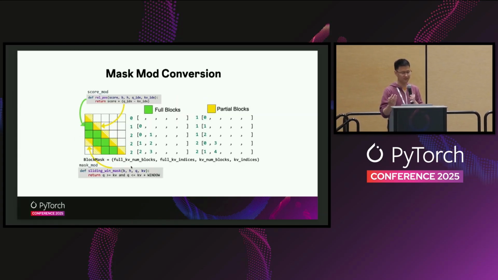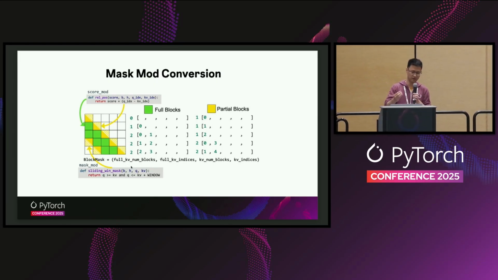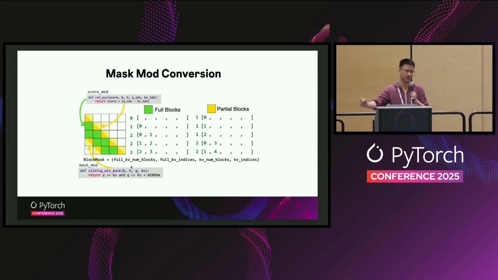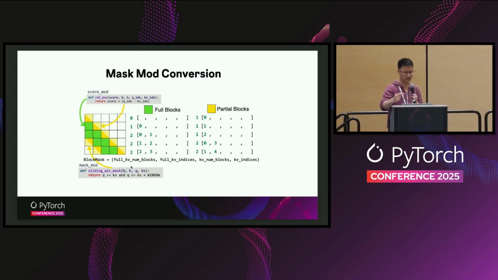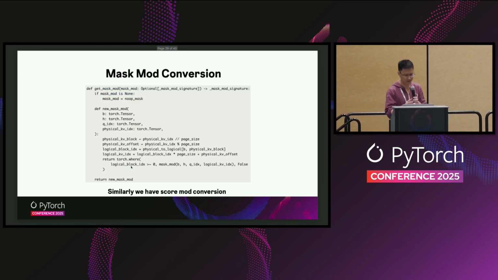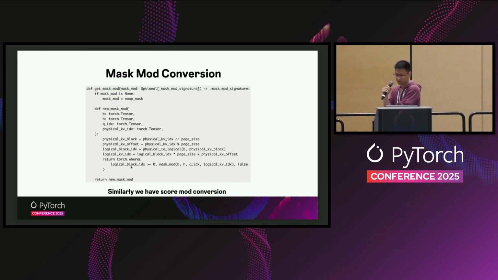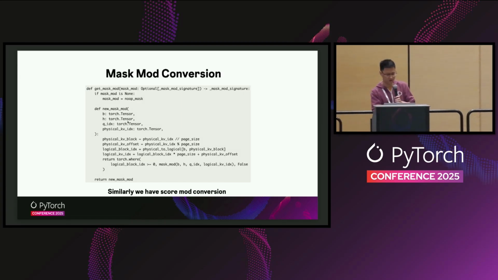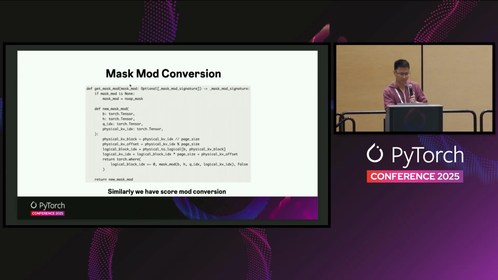Once we have that, we also need to convert the mask mode a little bit. People write mask mode on the logical KV cache, saying which logical KV cache index we can skip. So we just need to convert this logical mask mode into a physical index mask mode. Here again I have one example. We take this mask mode and generate a new mask mode.